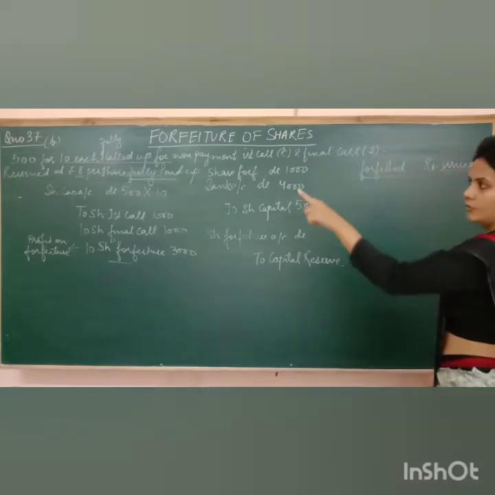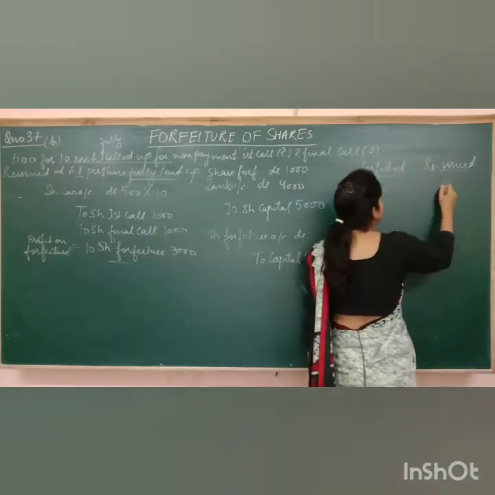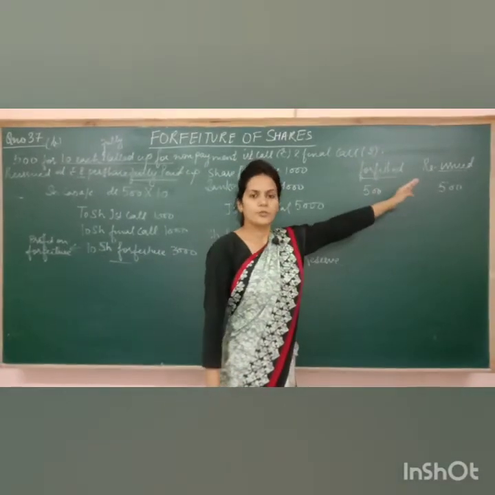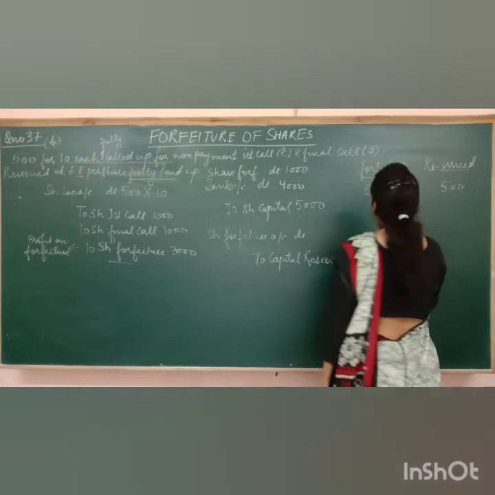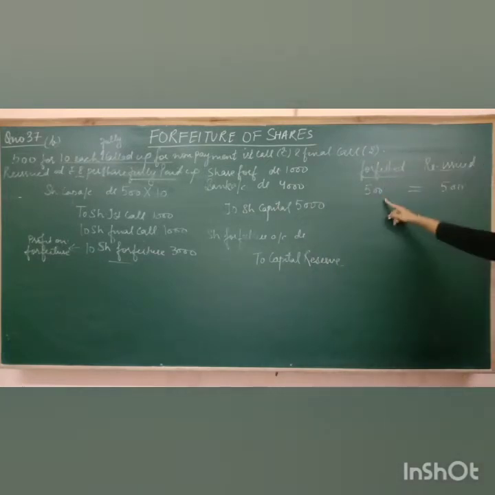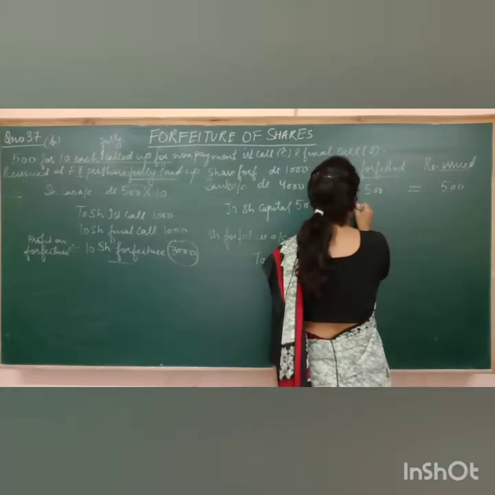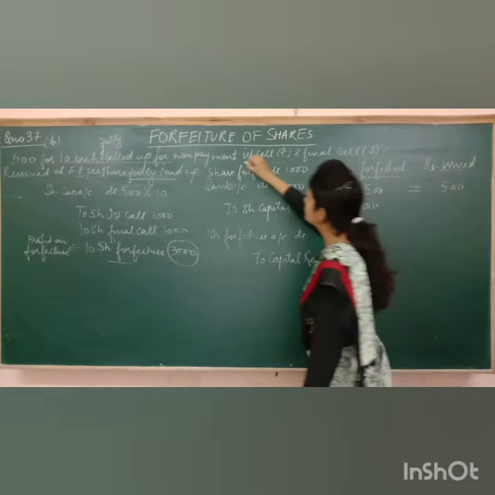We have forfeited 500 shares. We have reissued 500 shares. It means the number of forfeited shares is equal to the number of reissued shares. Now, what is the profit on forfeiture? This amount represents profit on forfeiture. What is the loss on reissue?